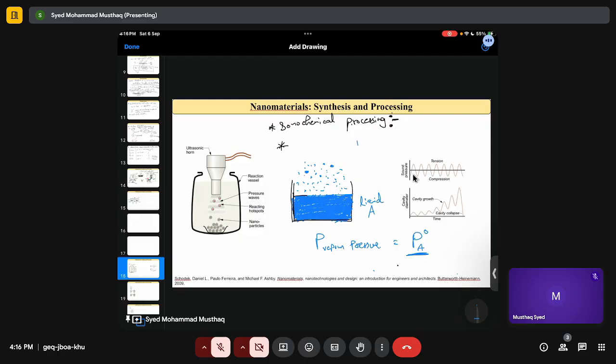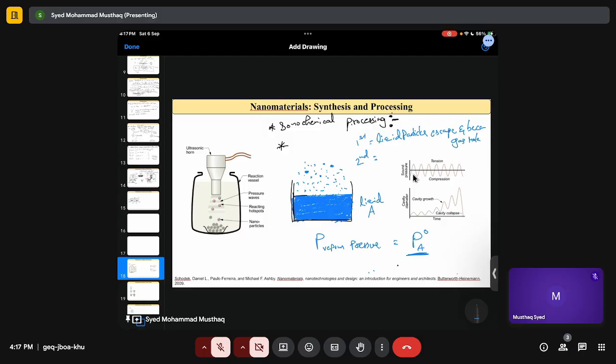So the first step: whenever you put a liquid in a vacuum, the first thing that happens is the liquid particles escape and become gas molecules.